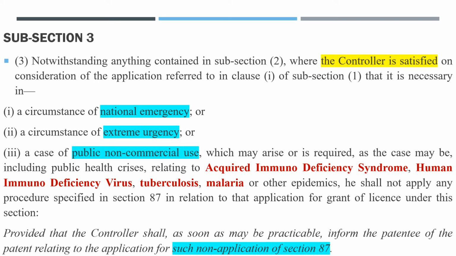Okay, so for India, this is a national emergency, but for Canada, this is not at all a national emergency. Fine. So we can say that other parameters may also vary from country to country. This is just an example.